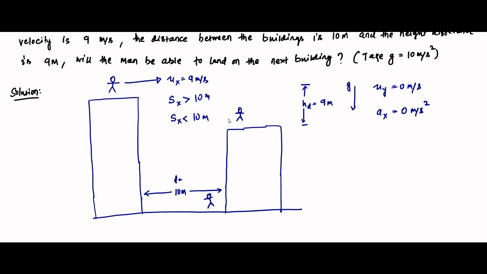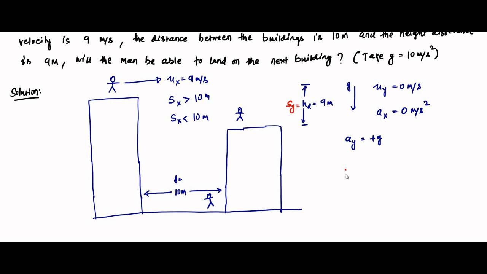For the downward motion of the object, it is supporting it in the same direction, so it is plus g. Now the net vertical displacement of the man, if he makes this jump safely, that is Sy, is the height difference of the two buildings. We are assuming that he is making the jump safely. So Sy is equal to 9 meter.